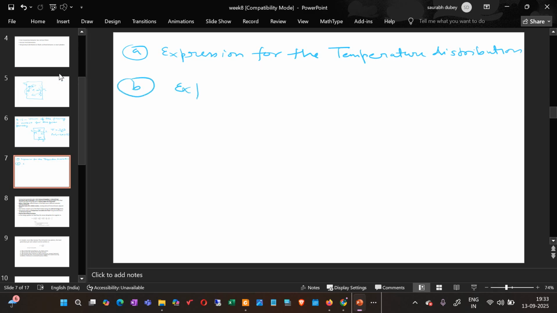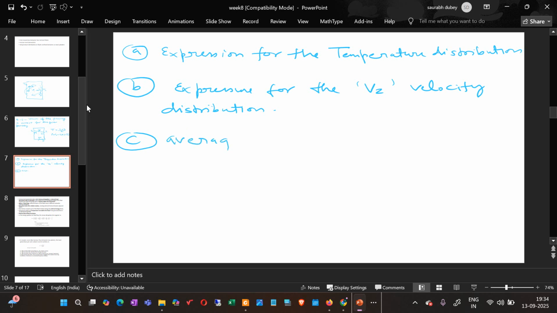The expression for the Vz velocity distribution. And C is what? What we are going to look at: the average upward velocity in the given system.